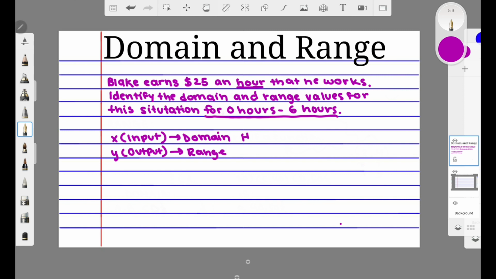So your domain values are the amount of hours, and we've already specified that it's going to be from 0 to 6. And then the range value is the total amount of money that he makes. So now that we have identified which variable is the domain and which is the range, we can easily make a set of values.